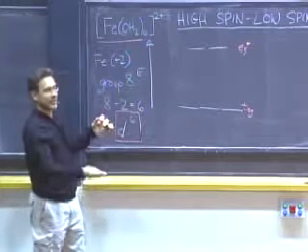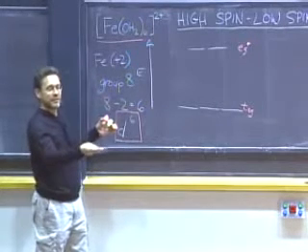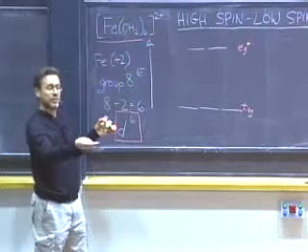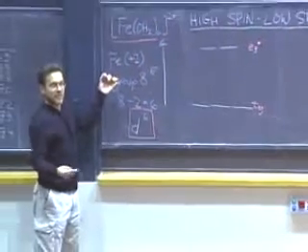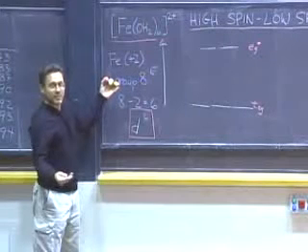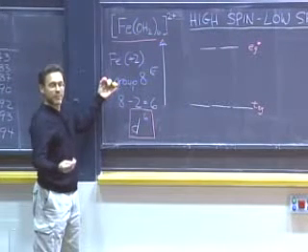Okay? So just like a carbon has a 2s and a set of 3 2p orbitals, an iron has a set of 5 3d orbitals, a 4s, and 3 4p orbitals.